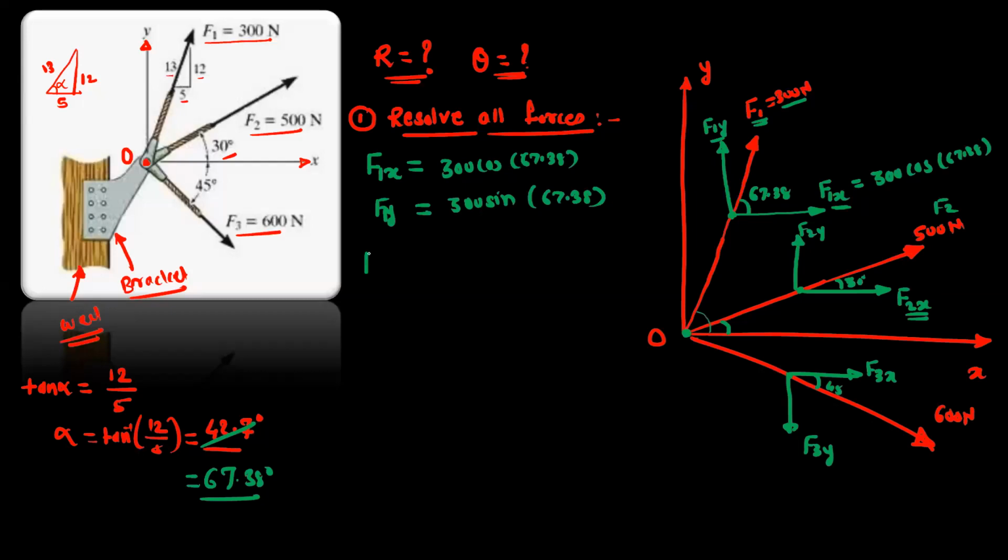Then second is F2. So F2X is equal to, F2X is adjacent to angle 30 degree. So this is the cos component and force is 500 Newton. So this is 500 cos 30 degree. F2Y is opposite to angle 30, so it is a sine component.